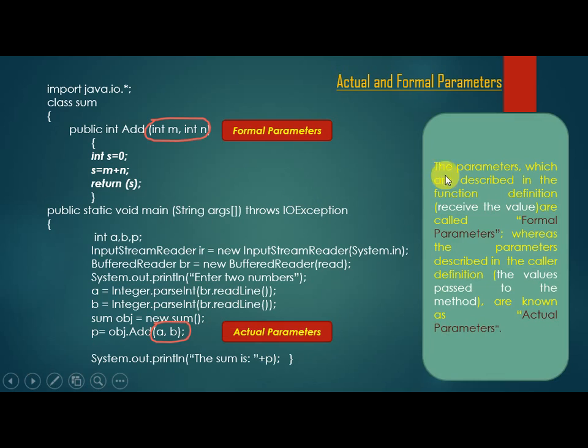Let's see the definition of actual and formal parameters. The parameters which are described in the function definition, that is to receive the value, are called formal parameters, whereas the parameters described in the caller, that is the values passed to the method, are known as actual parameters.